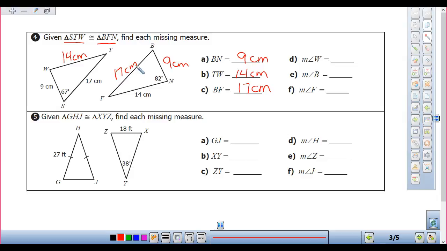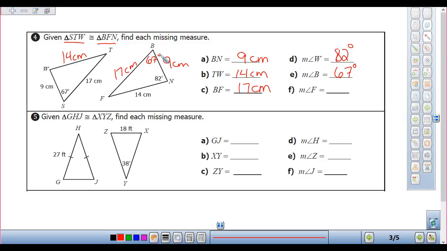Angle W is the same as angle N, so that's 82. Angle B is the same as angle S, which is 67. So B is 67.